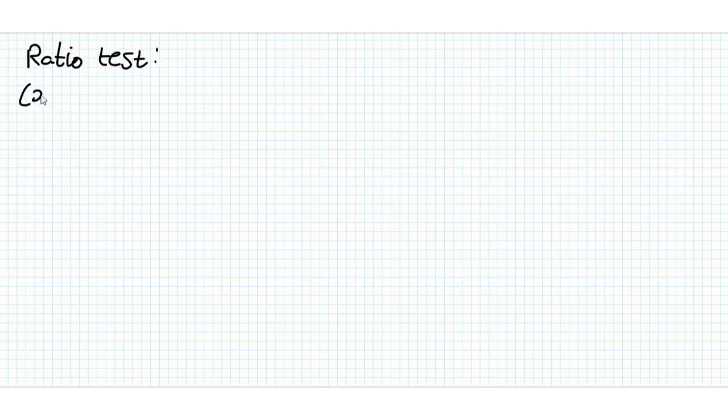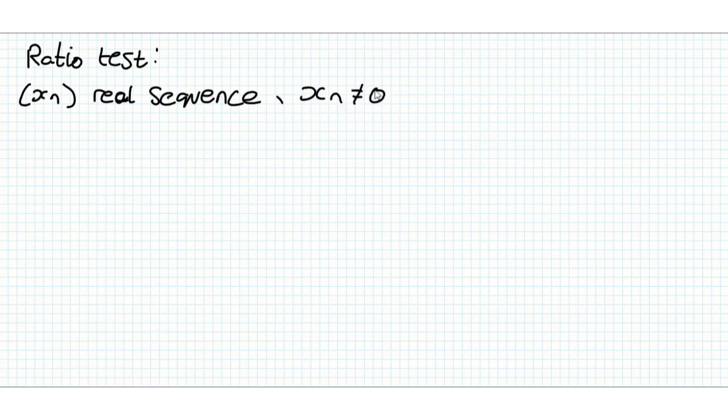If we have xn, which is a real sequence such that xn is non-zero for all n. You'll see why this is important in a minute.